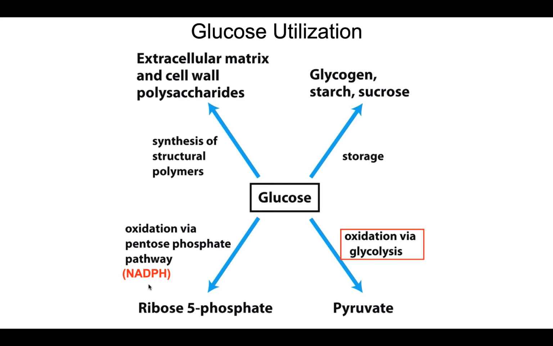If we have an excess of glucose, our cells can use it to build glycogen if we're in an animal cell, or starch or sucrose in a plant cell. If we're a plant cell, we can also use glucose to make the polysaccharides of the cell wall, like cellulose. So there's lots of things that cells can use glucose to do. Right now, we're focusing on the oxidation of glucose to 2 molecules of pyruvate.